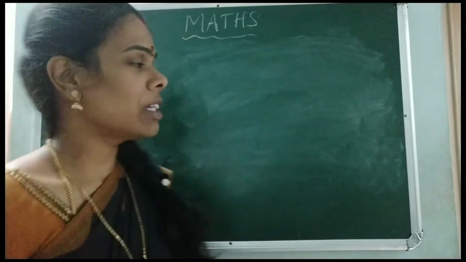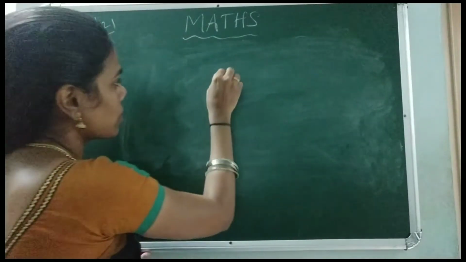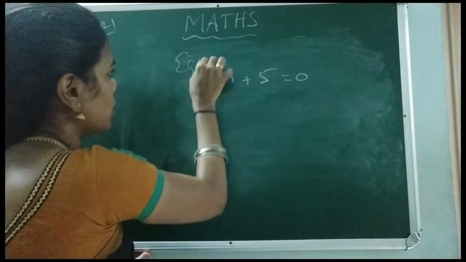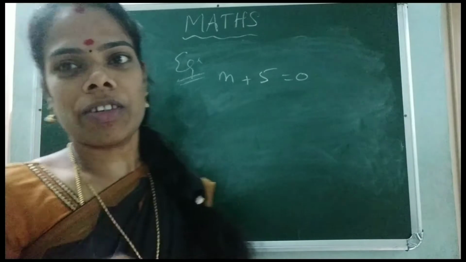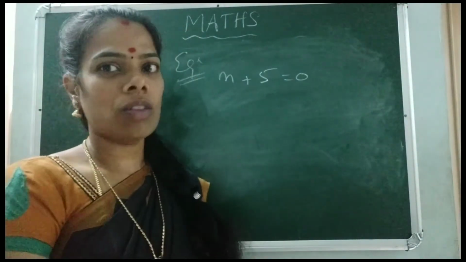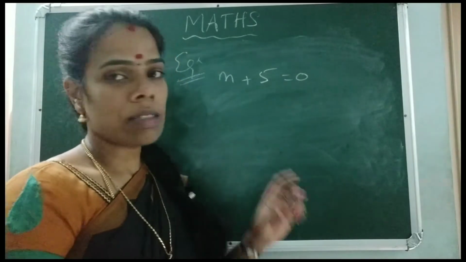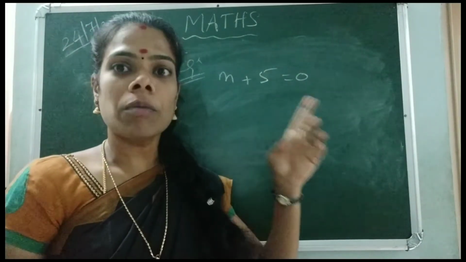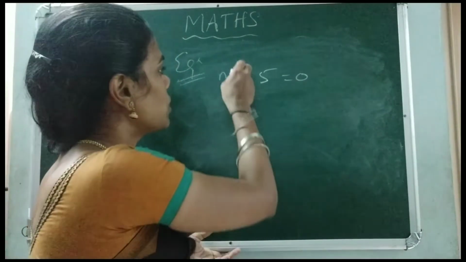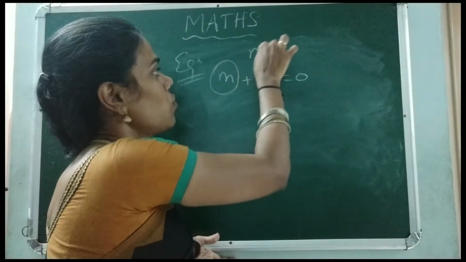Suppose I take the equation m plus 5 equal to 0. How do we find the solution of this equation? Very simple. Plus becomes minus. You move this constant term to the other side because you are going to find only the value of m.